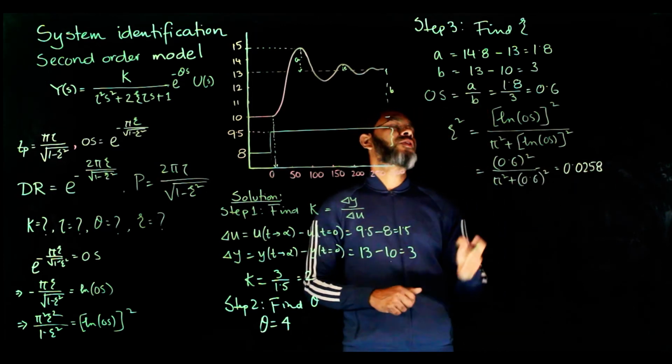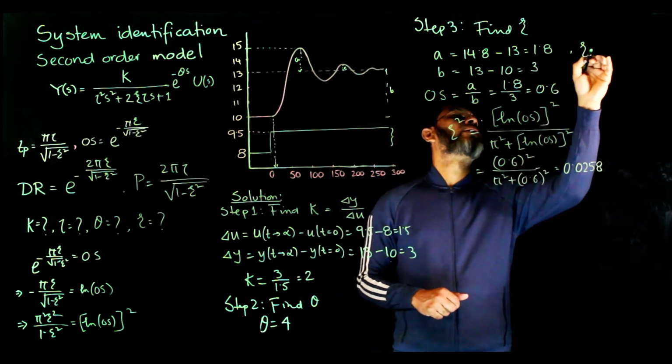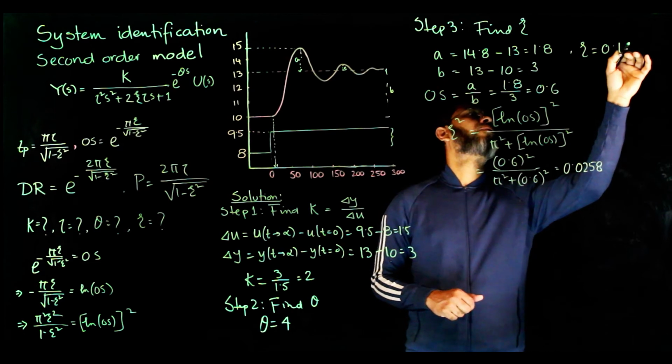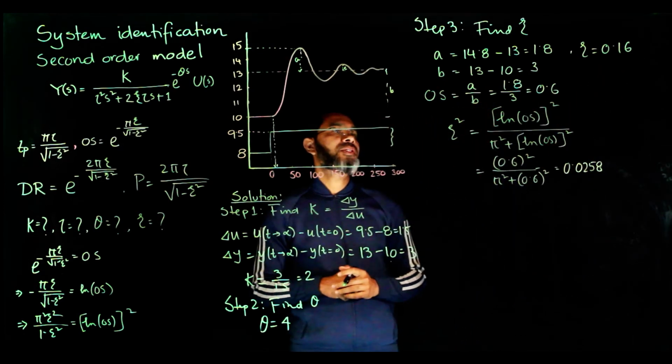Okay. So from here, if you simply take the square root, you will get zeta equal 0.16. Now we have found the value of this damping coefficient.